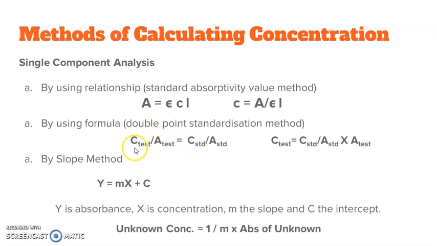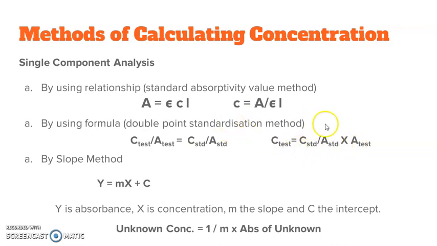So it is the ratio of the concentration of the test to its absorbance, which equals the ratio of the concentration of the standard to its absorbance. We can rearrange to find the concentration of the test or sample: C test is equal to C standard divided by A standard times A test.